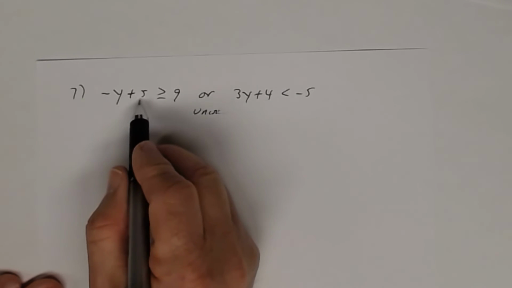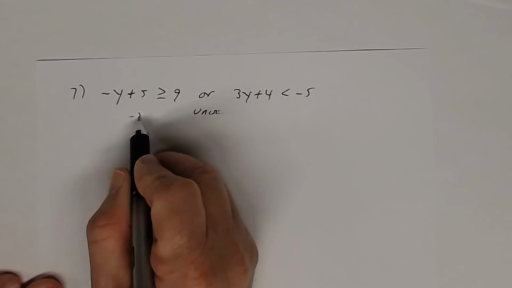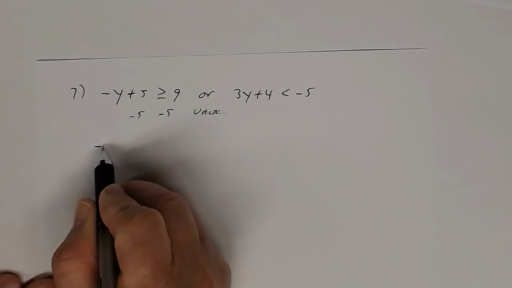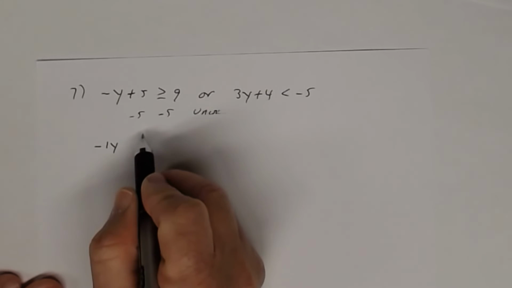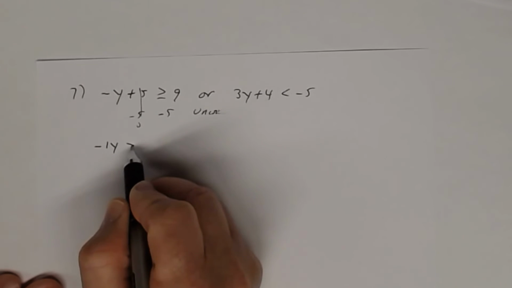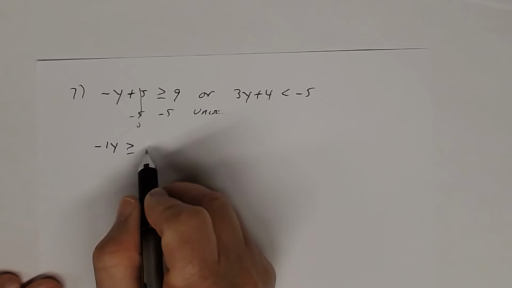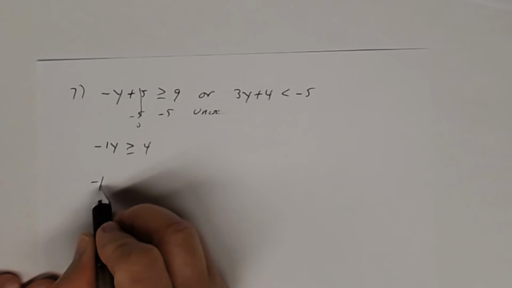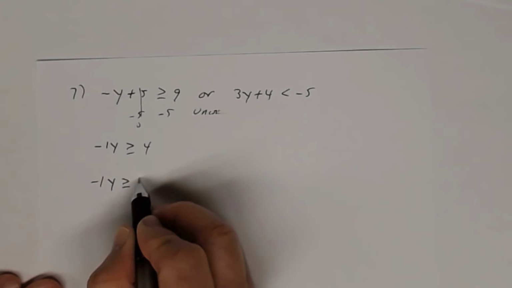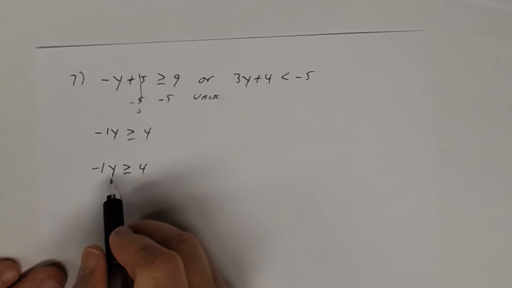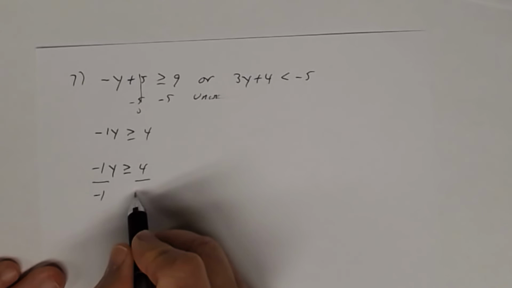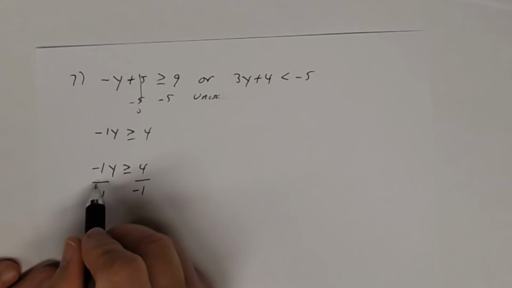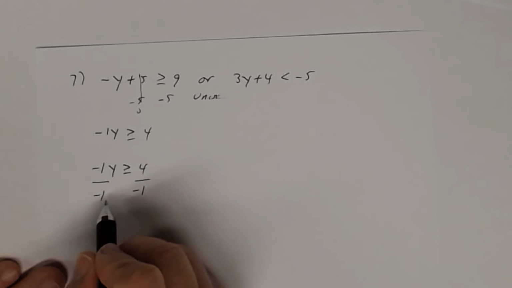All right, let's go ahead and solve for y over here. So I'm going to subtract 5 from both sides. So I get negative 1y. Sometimes it helps to rewrite negative y as negative 1y. This is 0, is greater than or equal to 9 minus 5, which is 4. Now I have to divide both sides by negative 1, the coefficient of y. But since I'm dividing both sides by a negative number, I have to reverse the inequality symbol.